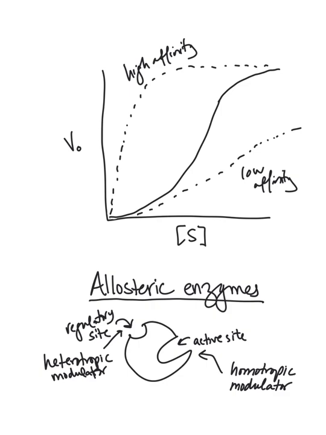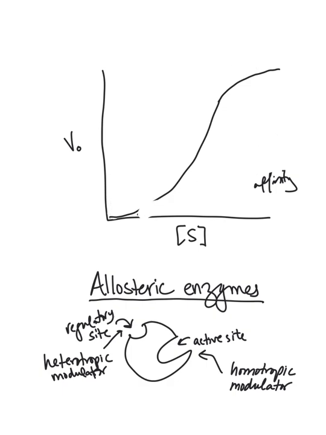It is low affinity, but then can switch to high affinity. So allosteric enzymes are showing the same concept. So that's that sigmoidal curve that represents the ability to shift between a low affinity state and a high affinity state.